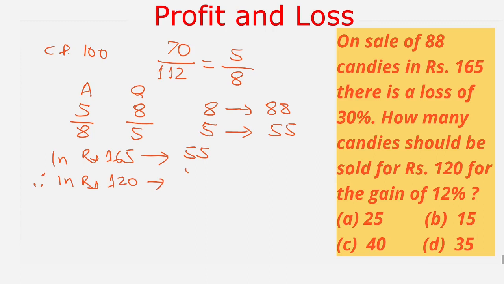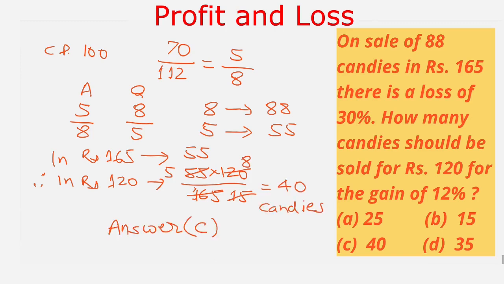This gives 55 multiplied by 120 divided by 165. 11 cancels 55 for 5 times and 165 for 15 times, and 15 cancels 120 for 8 times, and 8 times 5 is 40 candies. And from the given options, our answer is option C. This is the method by which we can solve such type of questions.